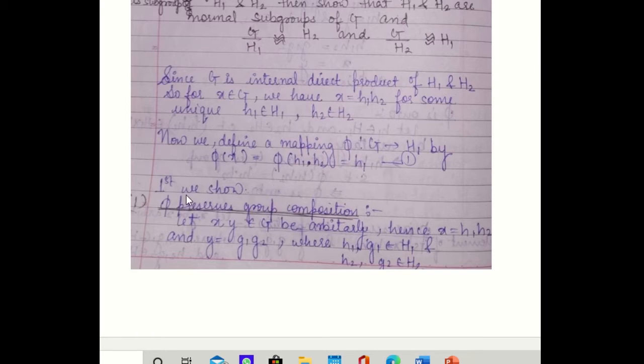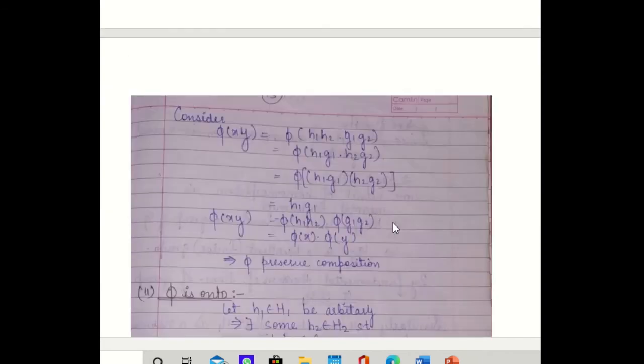So firstly, we show phi preserves group composition. For that, let x and y be any two arbitrary elements of G. So that implies x equals h1 h2, and y equals g1 g2, where h1, g1 belong to capital H1 and h2, g2 belong to capital H2. Now consider phi of xy, which will be equal to phi of h1 h2 g1 g2.